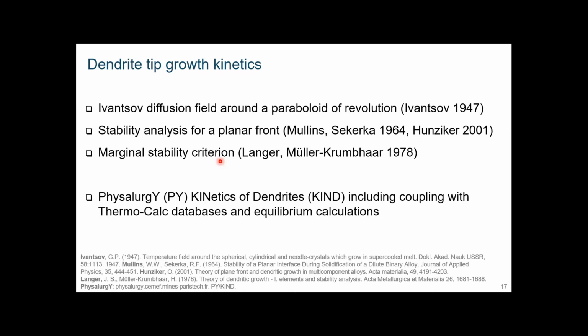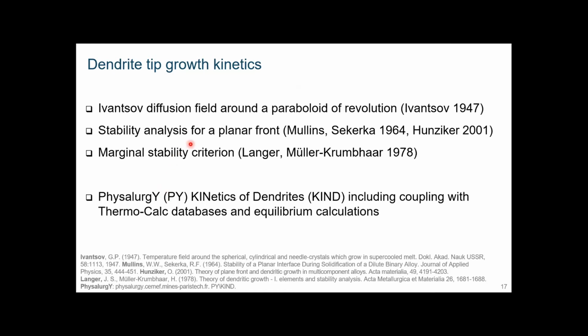So I just mention the principle, and I hope some of you can follow. For a dendrite that is assumed to be a paraboloid of revolution, we know the steady state diffusion field in the liquid due to segregation of solute, and this was derived by Ivantsov in 47. This is what we use.